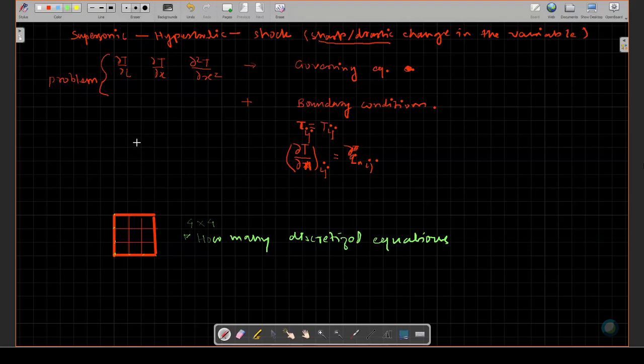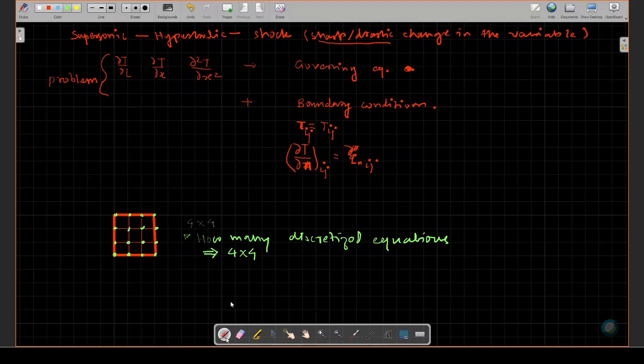The number of discretized equations will also be 4 by 4. Now you recall, we have to discretize at every point. So one discretized equation, another, the next, and so on up to the sixteenth. So you will have a set of 16 simultaneous equations. Every grid point will give one equation. This you have to remember.